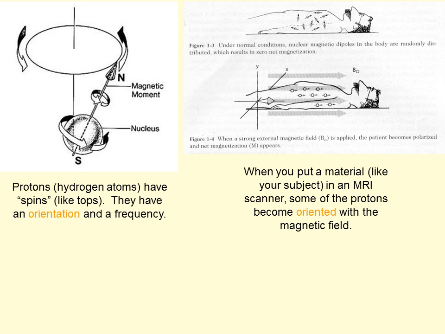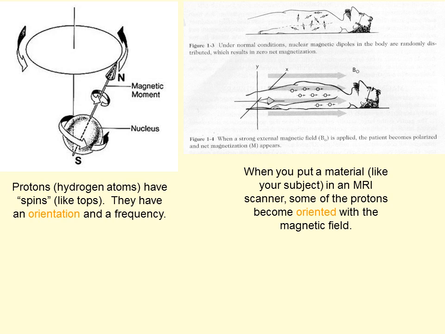But when you apply a strong external magnetic field, such as that of the scanner, and this magnetic field is often referred to as B0, the patient becomes polarized and a net magnetization appears. And what that means is just that a lot of these protons change their orientation to line up with the orientation of the magnetic field.